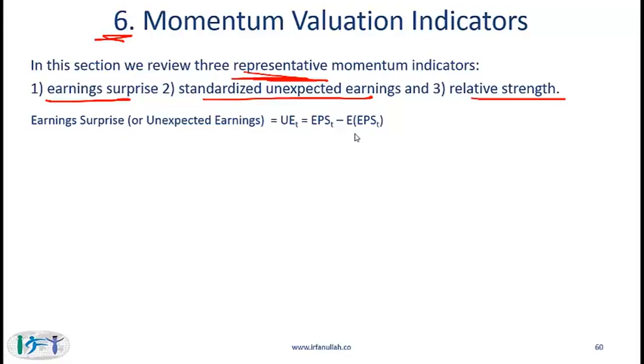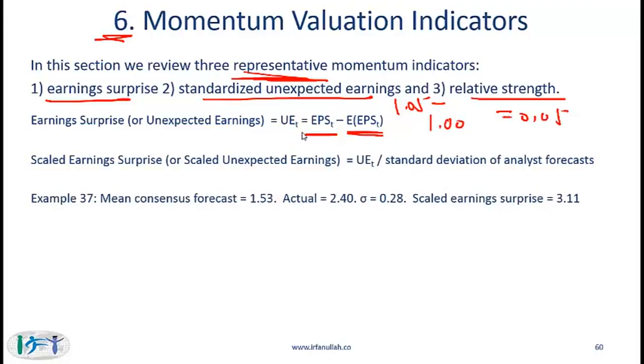So that is the expected value of the earnings per share. When the company actually announces the earnings per share, it is possible that the number is different from what is expected. So if analysts are expecting $1 per share and what actually is announced is 1.05, then what is the earnings surprise, or the unexpected earnings? It's 1.05 minus 1, which is 0.05, or 5 cents per share.